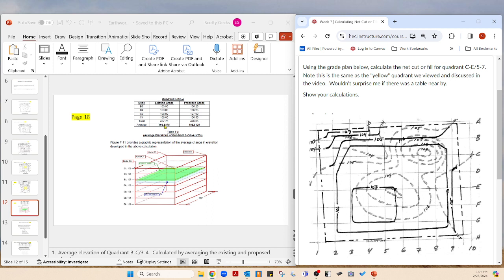I'm going to have to get a magnifying, oh, my glasses would help. But it's 106.